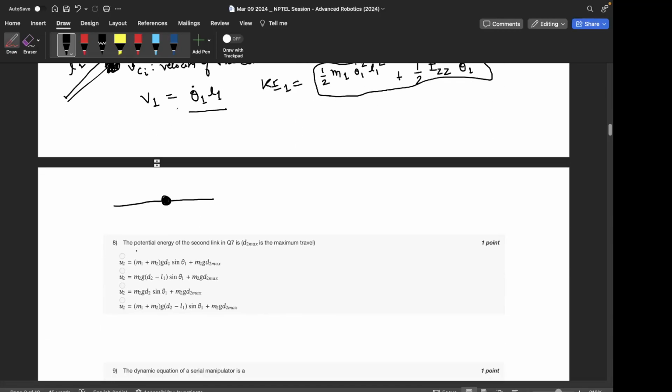In reference frame 1, z is like this, about which it is rotating, z1. Along the link will be x1 by convention, and perpendicular to both, y will be here, to maintain the right hand rule.